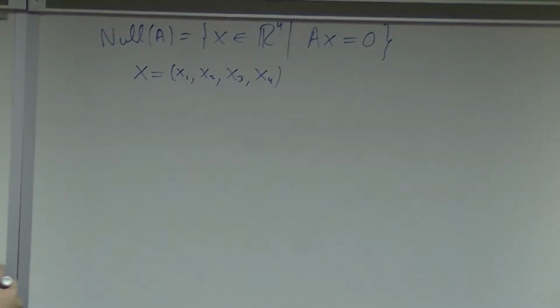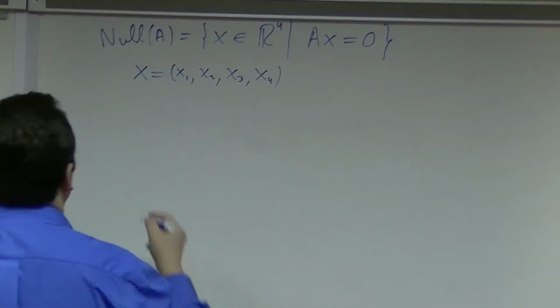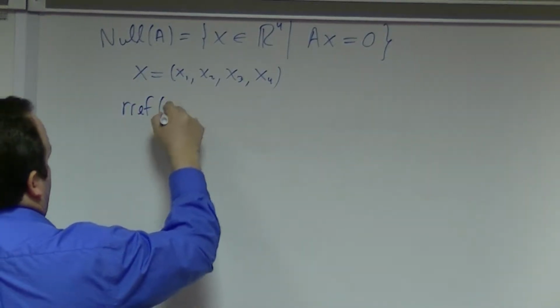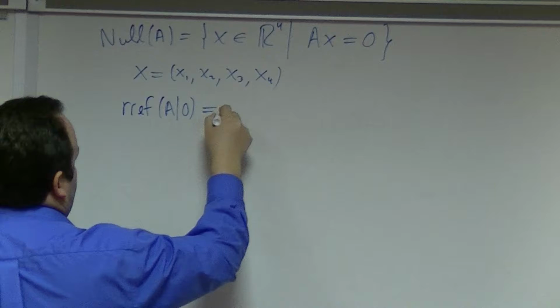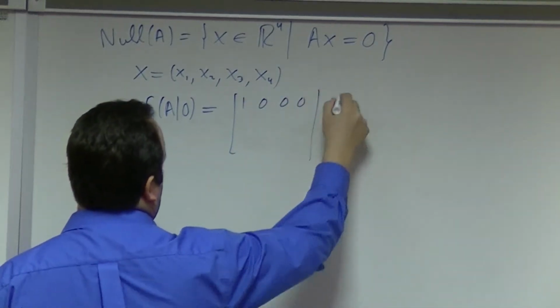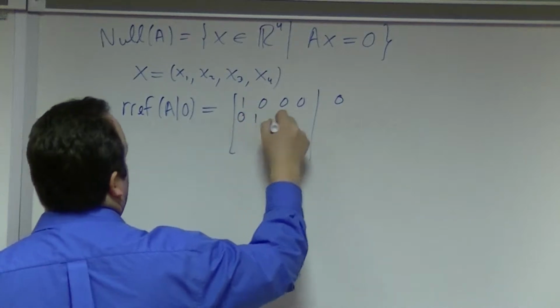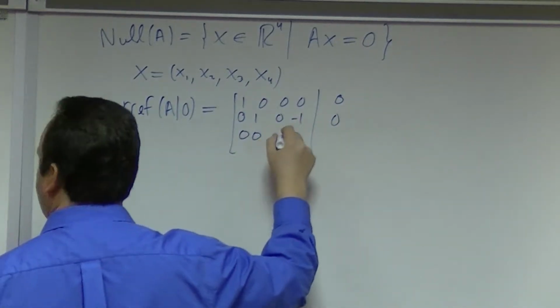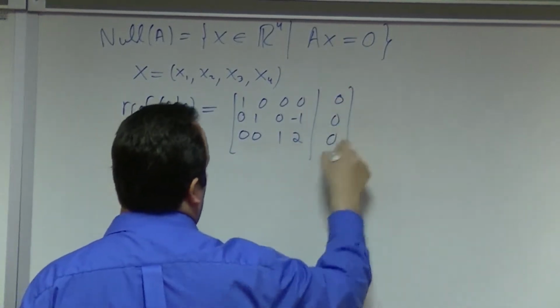Well, you can read from the reduced row echelon form that rref of A concatenated with 0 is equal to 1, 0, 0, 0, 0, 0, 1, 0, minus 1, 0, 0, 0, 1, 2, 0.